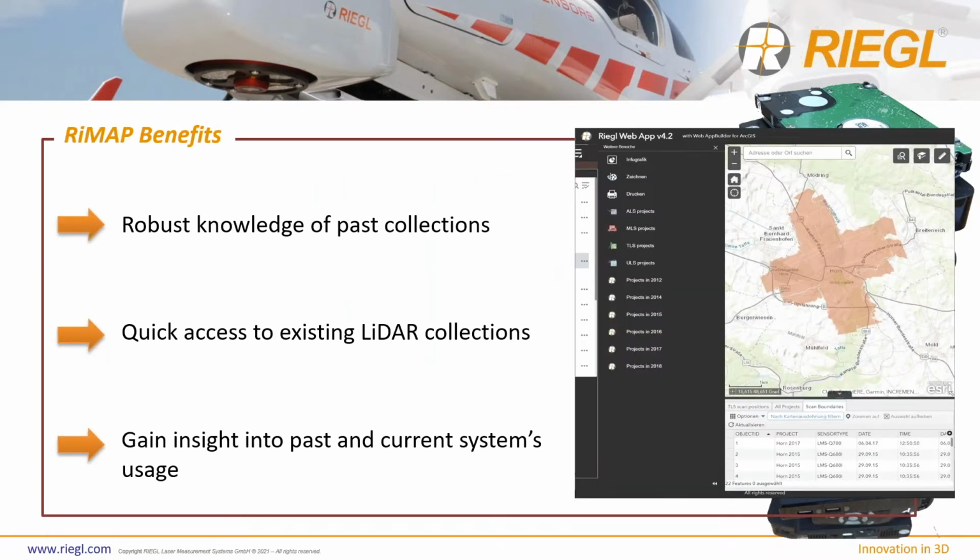And the basic idea of RiMAP is to manage, visualize, analyze and share RiPROCESS data collections. It is designed to show an overview of the LiDAR collection, including a LiDAR footprint and digitized trajectory information.